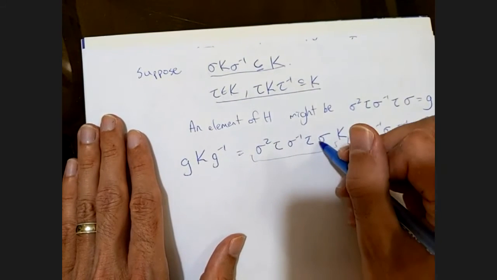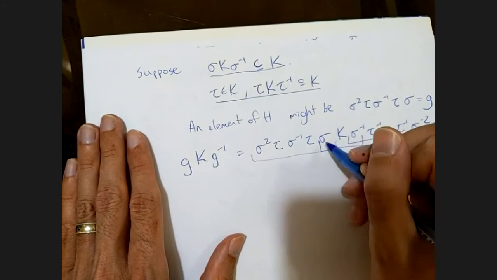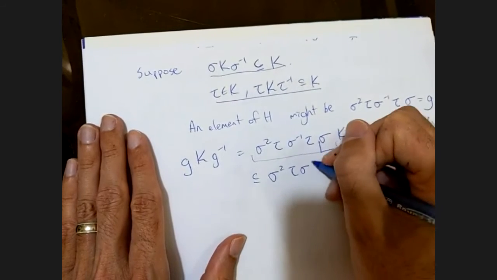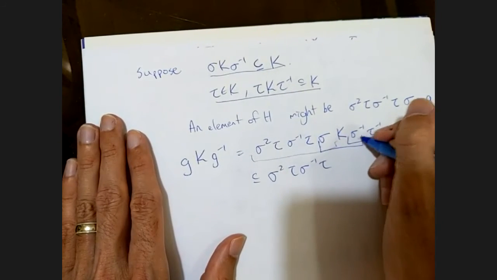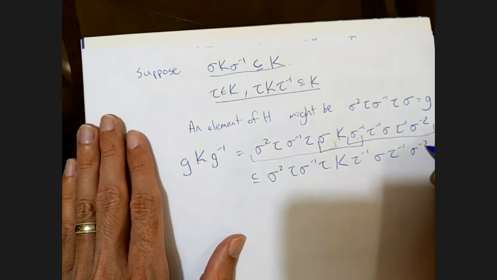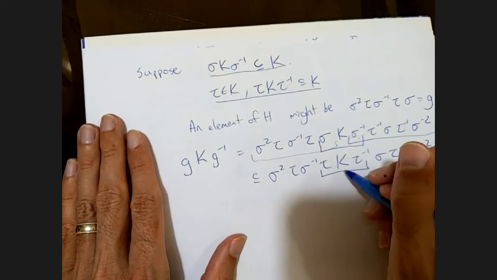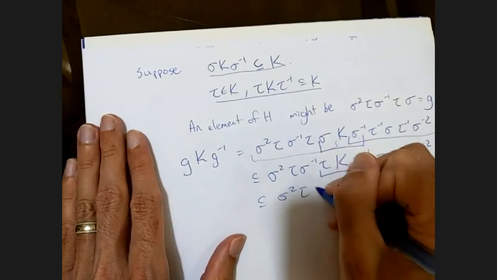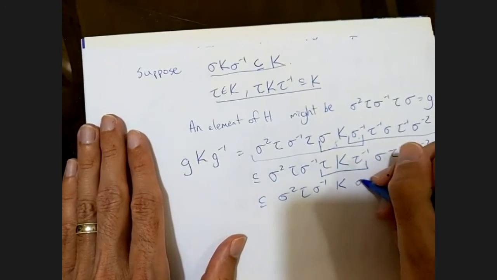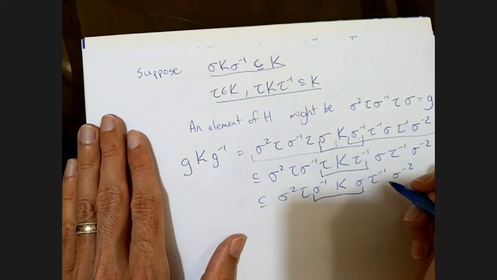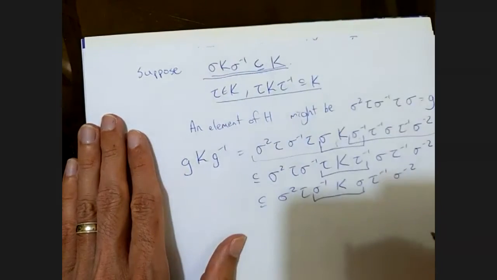Our assumption is that sigma K sigma inverse is contained in K. Now sigma K sigma inverse we can replace with K, and tau K tau inverse is also K because tau is an element of K. Sigma inverse K sigma is also K by this assumption.